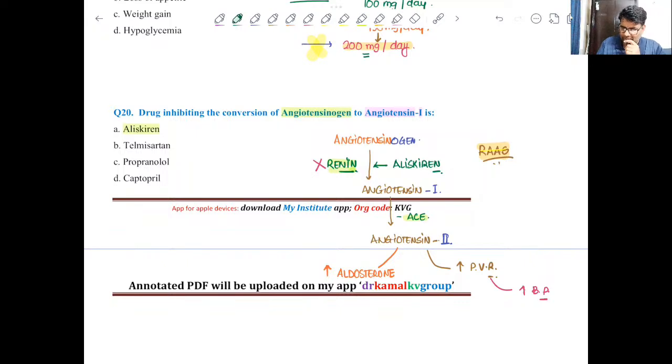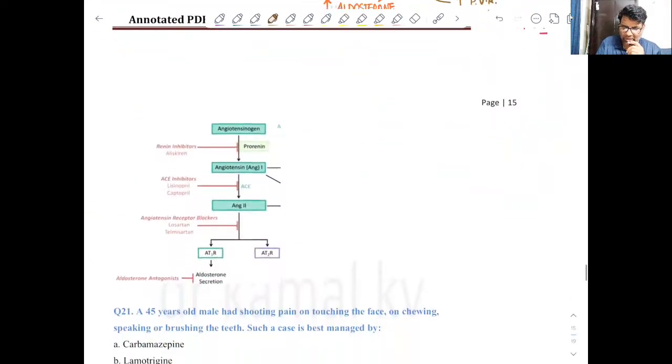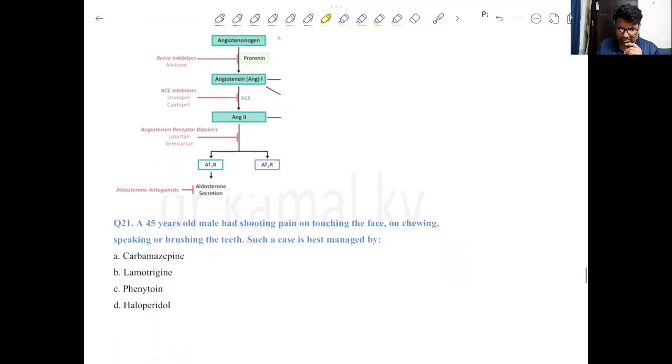And I think for ACE, everyone knows this is ACE inhibitors, which are the prill drugs, enalapril, captopril. So captopril is ACE inhibitor, not renin inhibitor. For renin, this is aliskiren. Clear? So here you can see angiotensinogen to angiotensin 1 to angiotensin 2 and respective enzymes.